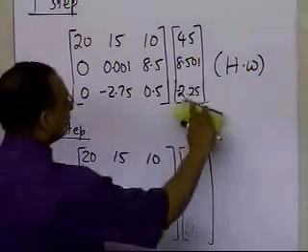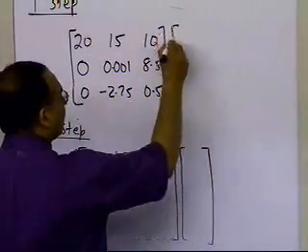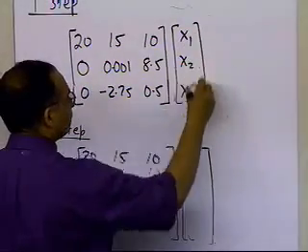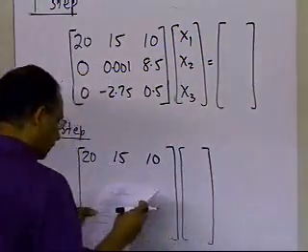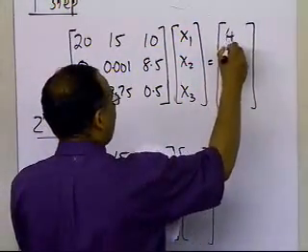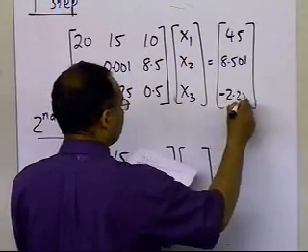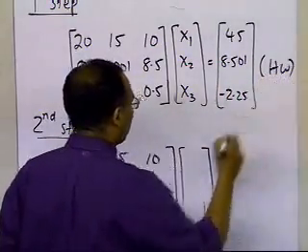Here again I made a mistake. I should have put x of 1, x of 2, x of 3 equal to whatever I get, which is 45, 8.501, and minus 2.25. And again, this is your homework.